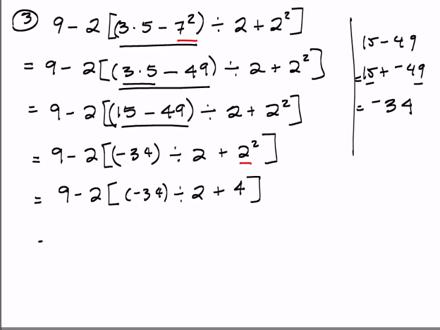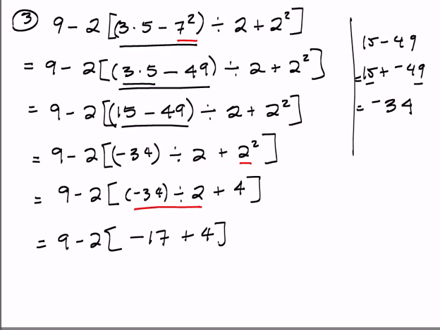Okay, we still have the brackets. What's going to happen inside there? We've got division and addition. So we're going to have to divide first. And negative 34 divided by 2 is a negative 17. So that takes care of that.